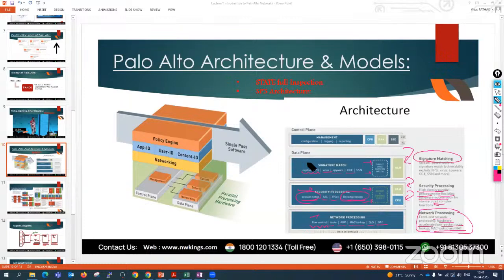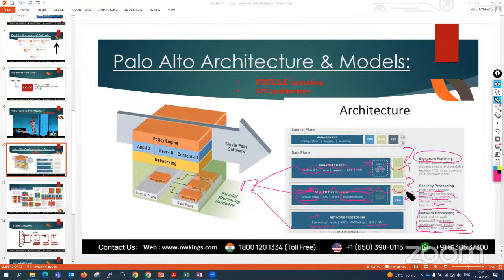And you understood the data and the control plane, right? And the beauty is, when the packet comes to this firewall, a replica of the packet will be sent out to each of these planes, and all these planes will be processing the packet all together.